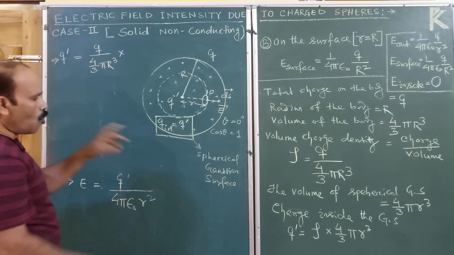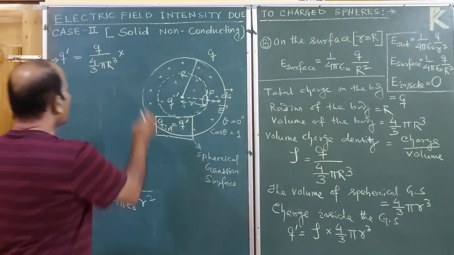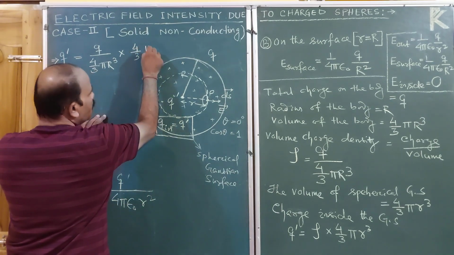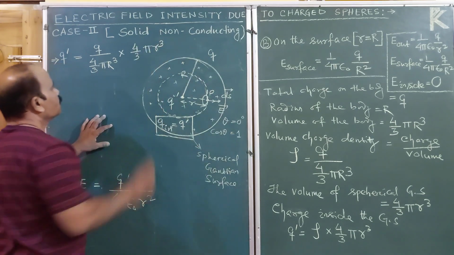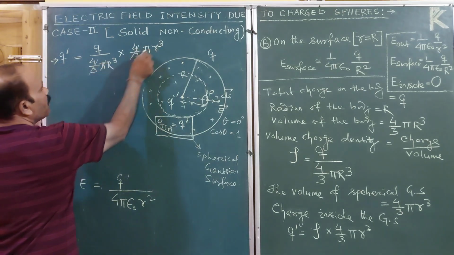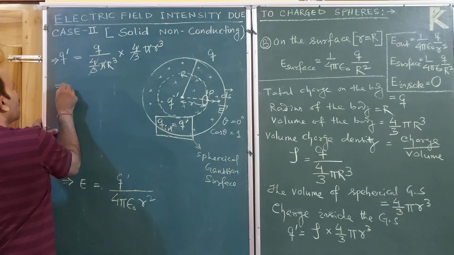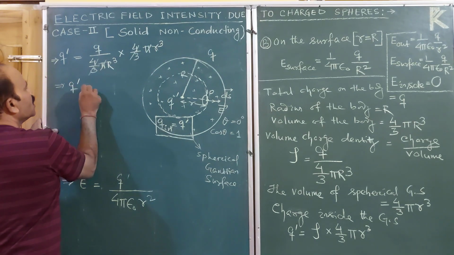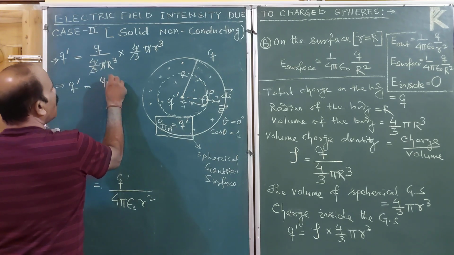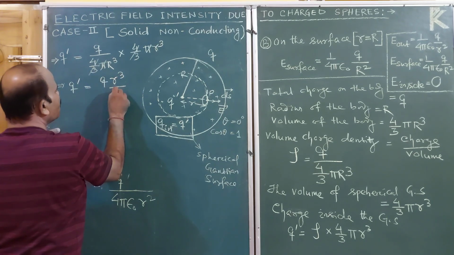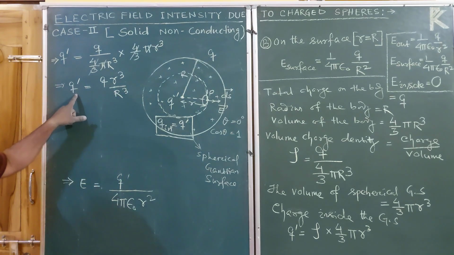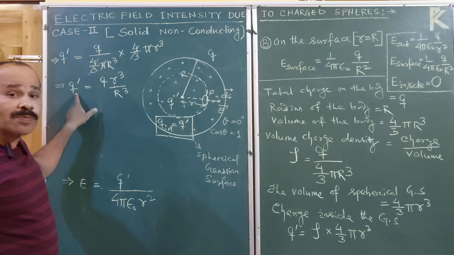This is the value of rho, multiplied by 4/3 pi r cube. Now 4/3 cancels out, pi cancels out. So Q prime is equal to Q r cube divided by R cube. So this is the value of Q prime, which is my Q in.